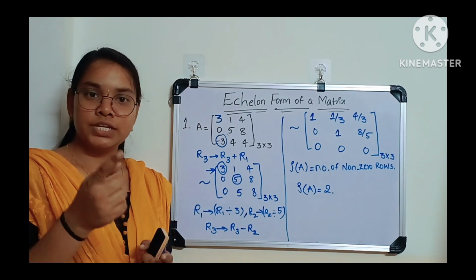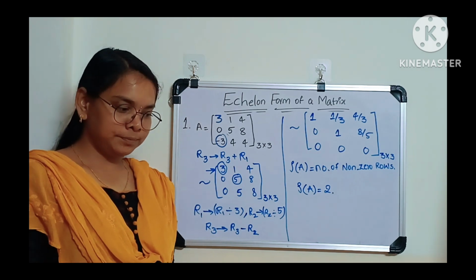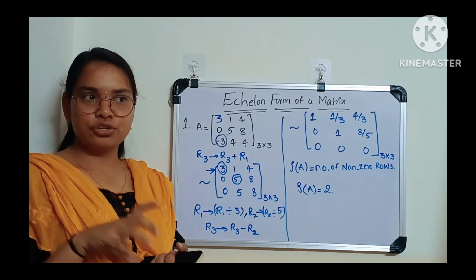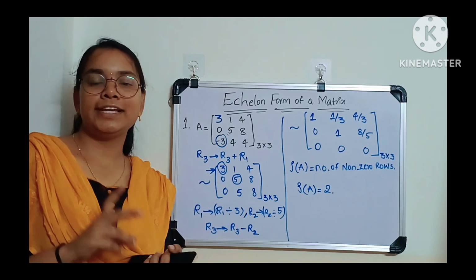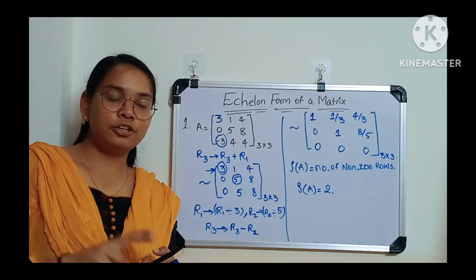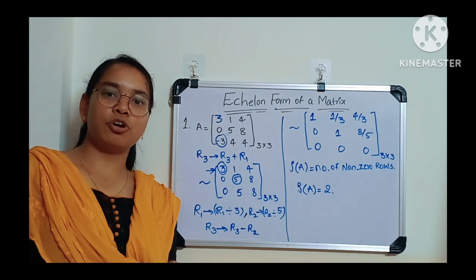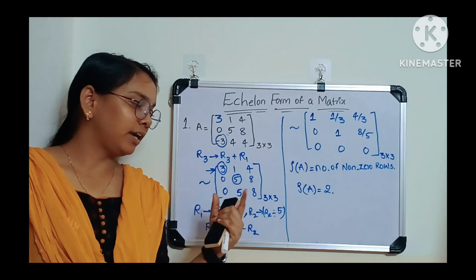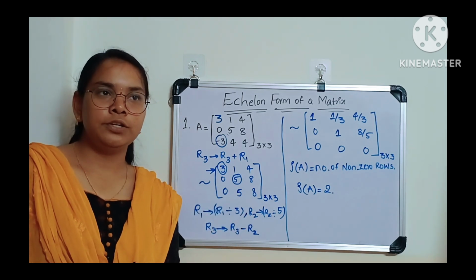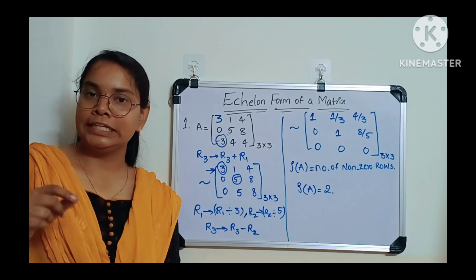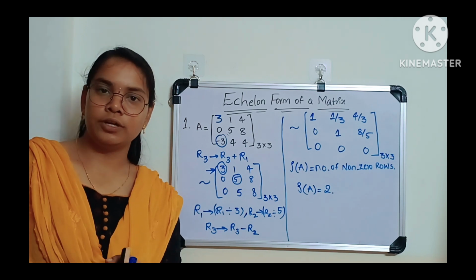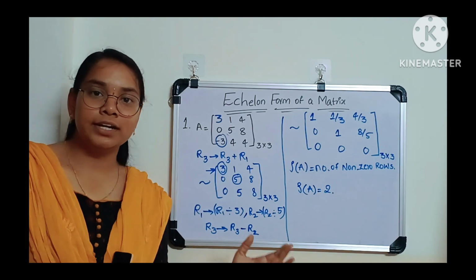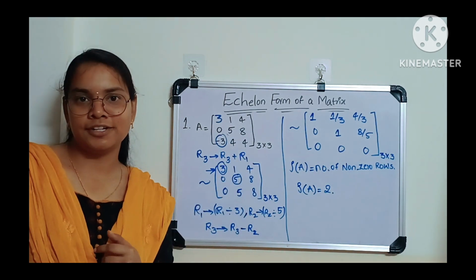Also in the design field, if you see any software, there are x, y, z coordinates. For defining these coordinates, they use matrices itself. I'll give one more example: in robotics, the movement of robots is also defined using these matrices only.